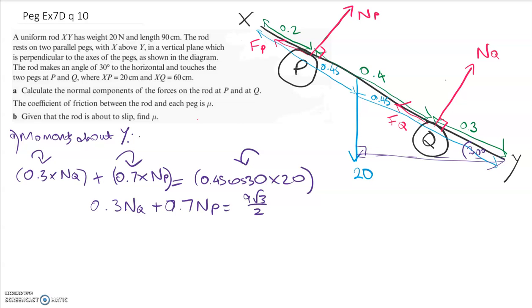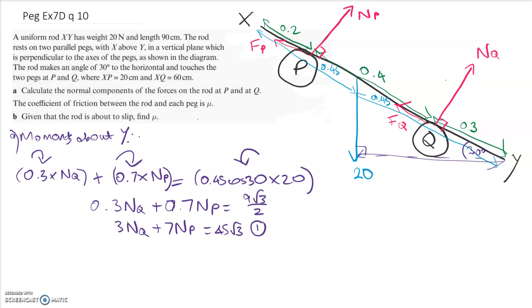And I'll also times it by 10 just to make it easier because it'll get rid of the decimals on the left. So I'll have 3NQ plus 7NP equals 45 root 3. That's my equation 1. And you know that when you're solving simultaneous equations, you need another one that links NP and NQ. So how am I going to get that?